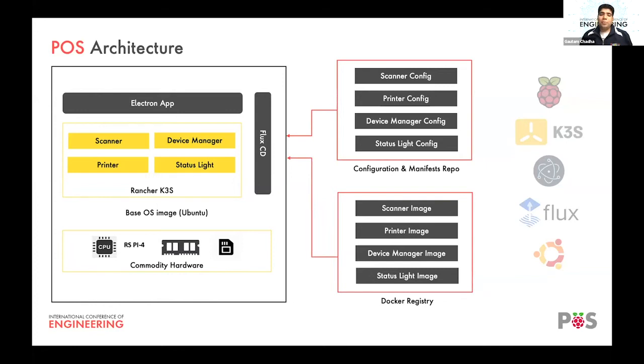So if you get new hardware, maybe a pin pad that you want to integrate, we just push the new container, and that container will automatically spawn because we are running Kubernetes on that hardware. And for the UI, we are again using Electron, which gives you infinite control over the UI and what technologies you may want to use.